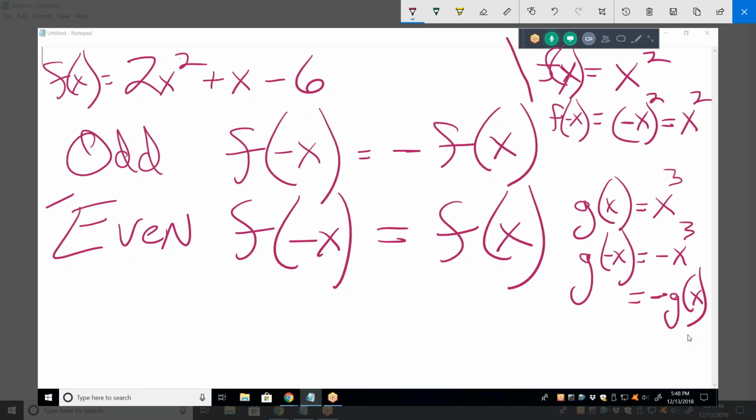So these two situations over here on the right, make sure you understand what I'm doing there. I've written a function, and then I've checked what f of minus x is. And it's the same function. That's even. So in the second case, this function is going to be even?